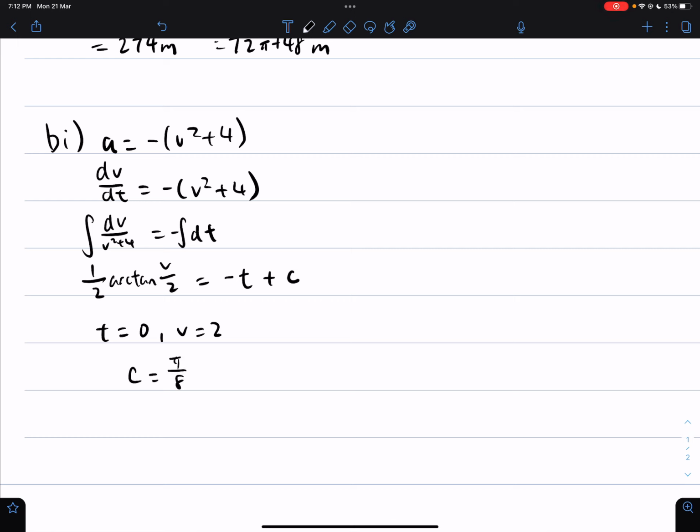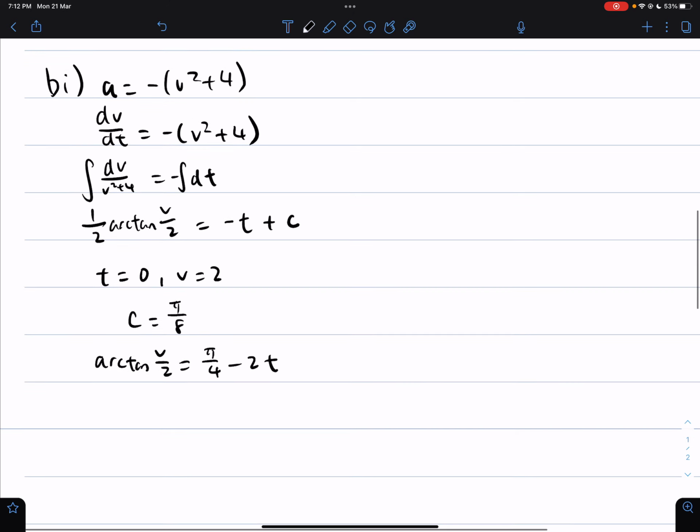To simplify the whole equation, you get arctan v over 2 equals pi over 4 minus 2t. Then we need to single out the variable v.